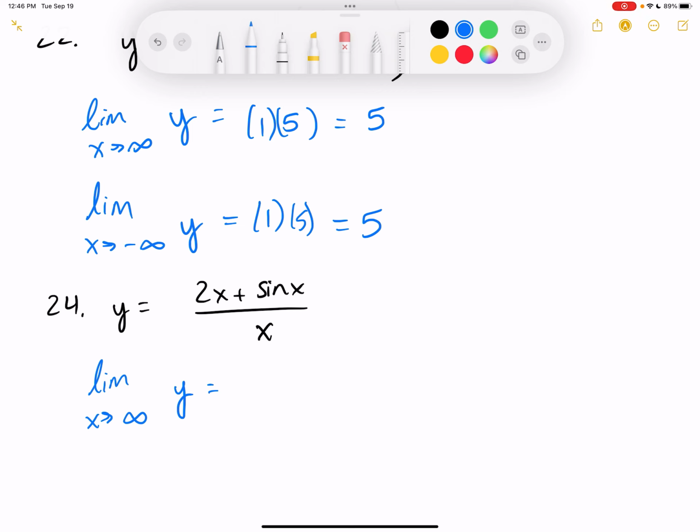The sine of x is less than 1, so it's not really going to affect it. Adding something less than 1 isn't really going to do anything, so we can disregard the sine of x. We're really just thinking about 2x over x, so it's just going to be 2.